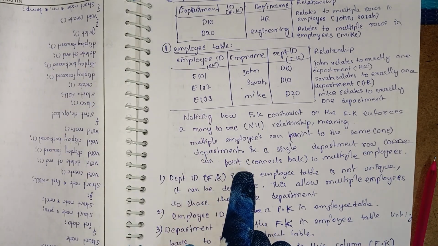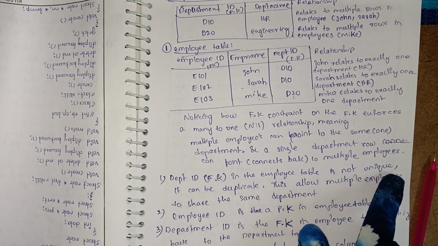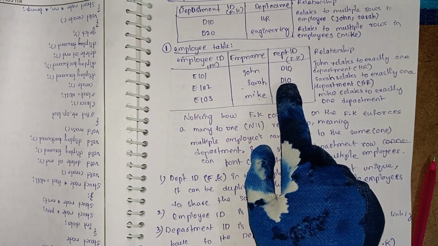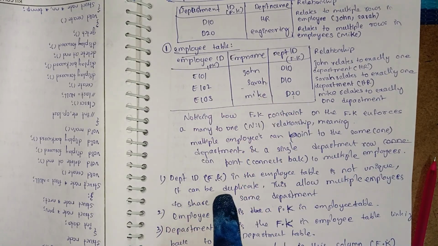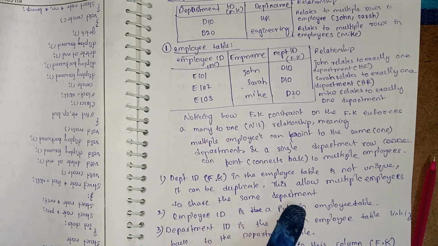Many to one relationship type. The department ID foreign key in the employee table is not unique. Not unique means duplicate values are allowed. This allows multiple employees to share the same department.